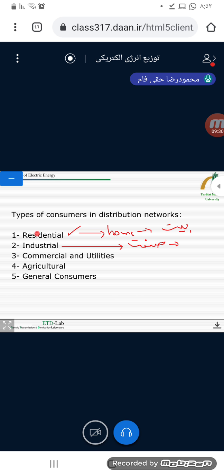The load of residential, load of Sanati. In residential, industrial, or Sanati load, commercial and utilities such as shopping centers and others. Okay.